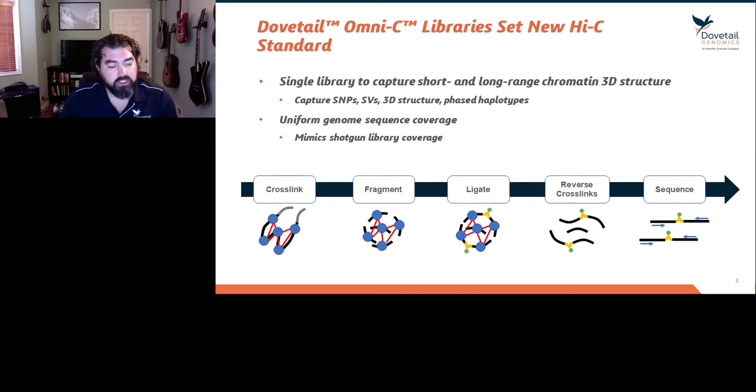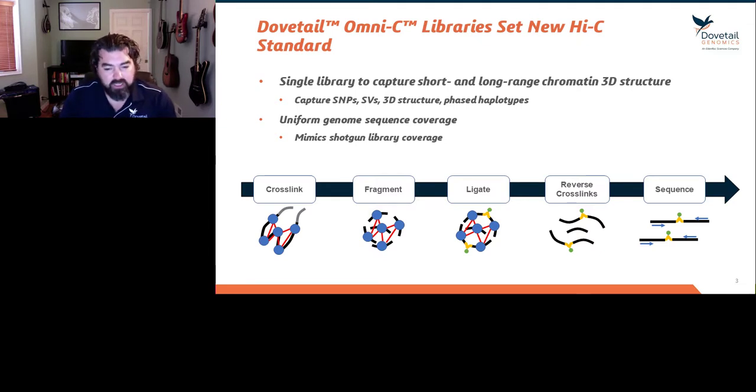And then once that genome is kind of frozen in place, we fragment it. Historically, that's been done with restriction enzymes. We have used different approaches here at Dovetail to make that a much better approach, and we'll talk about that here in a second. Then once that genome is fragmented, we tell it to ligate back to itself, but instead of ligating back in a linear fashion, it ligates back in terms of what's closest to it in 3D space.